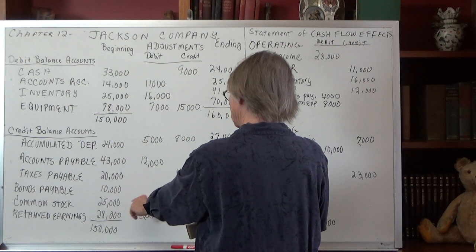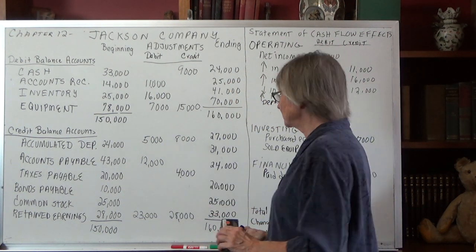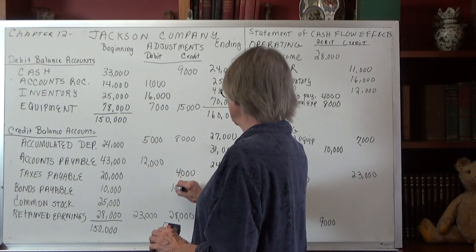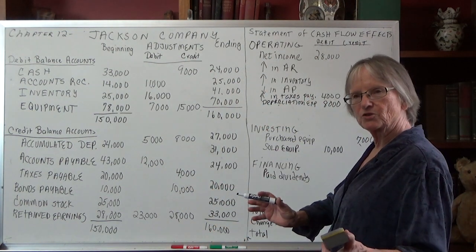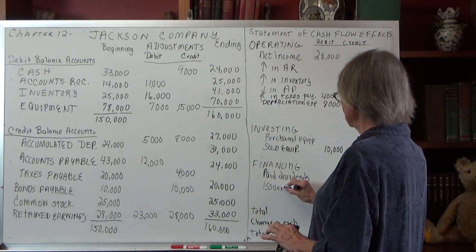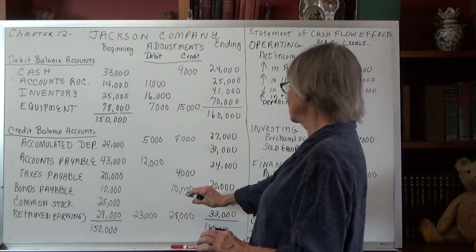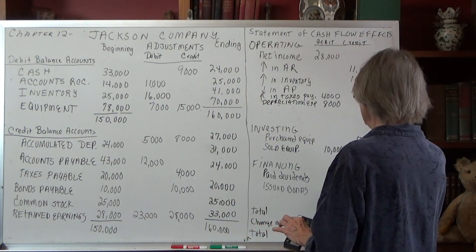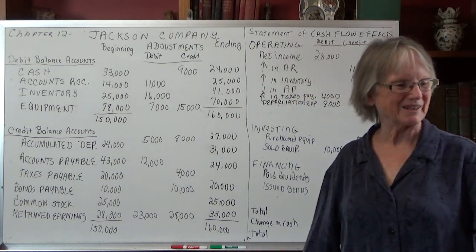Common stock's okay, that's the same beginning and end, but we must have issued some bonds that they didn't bother to tell us about. So it went from 10 to 20, so we must have issued 10,000 of bonds payable. Long-term liability, financing activity, we just say we issued bonds. The credit part of the entry is here, so this would be a debit, which makes sense because we get money when we issue bonds.